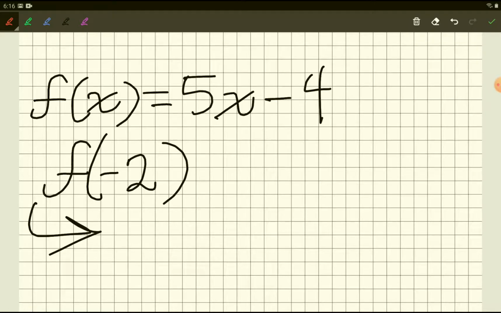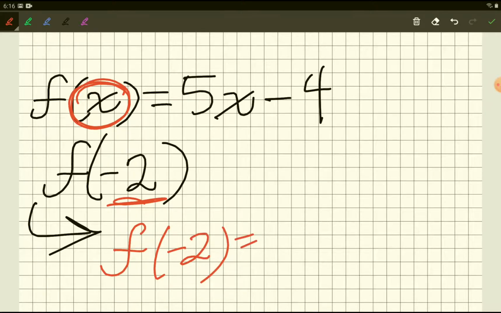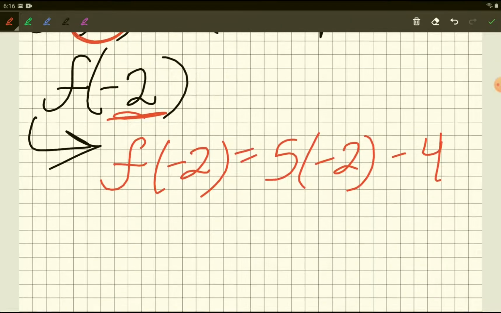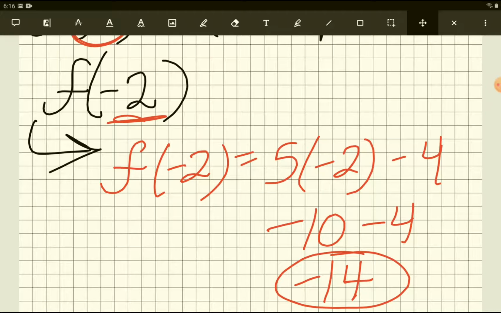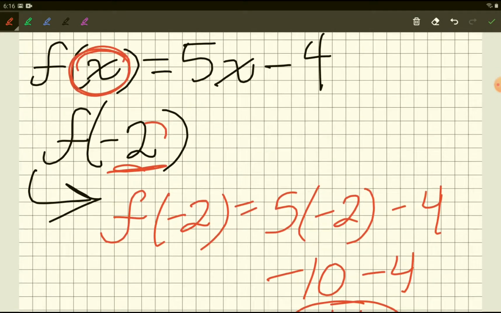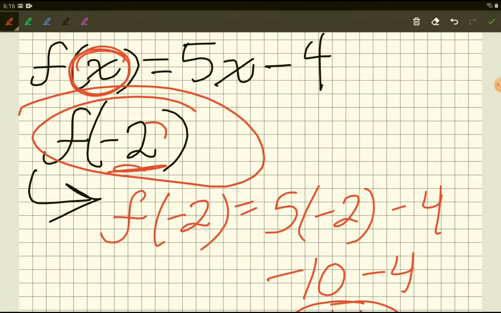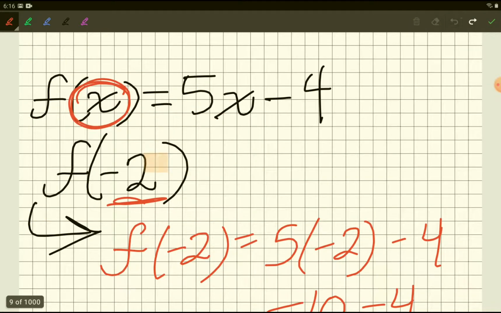So again, it's telling you to replace x with negative 2. So then f of negative 2 is 5 parentheses negative 2 minus 4. So that's negative 10 minus 4. So that's negative 14. So you are going to see notation like this. You should know what they're telling you to do. Okay.